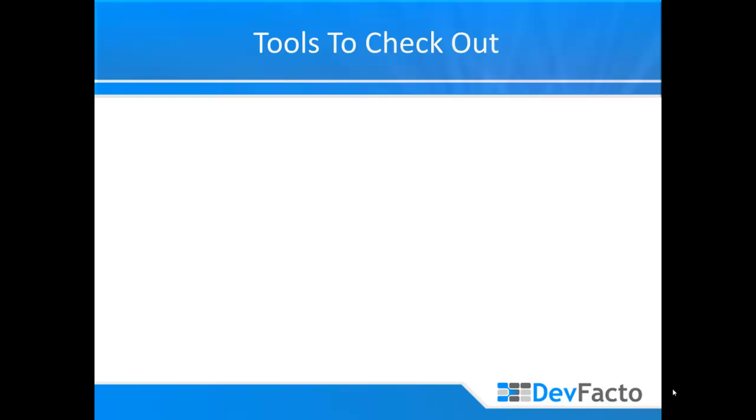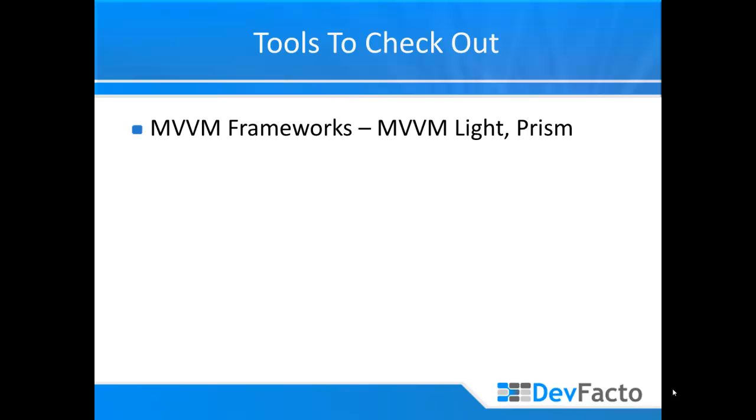The first class of tools are MVVM frameworks. They're fairly specific, yes, but provide a lot of value and really make things easier. I've used MVVM Lite, by a man named Laurent Bugnion. I'm sorry if I mispronounced that, but I saw him give a talk. Really great guy, knows his stuff.